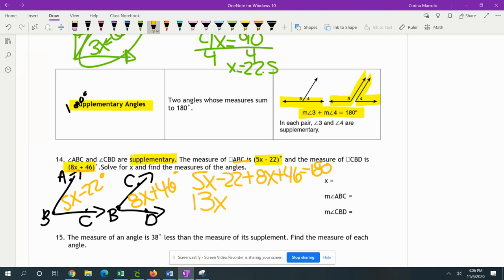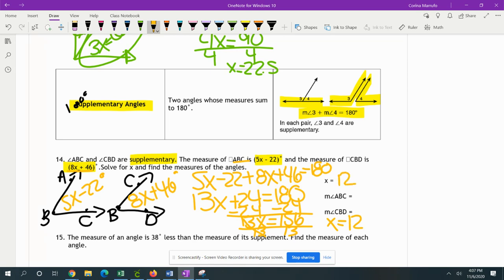Negative 22 and 46, that gives us a positive 24. This is equal to 180. To solve for x, we subtract the 24. And then we get 13x equals 180 minus the 24 gives us 156. Then we divide both sides by 13. This cancels. X equals 12.